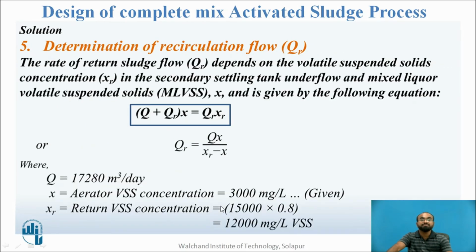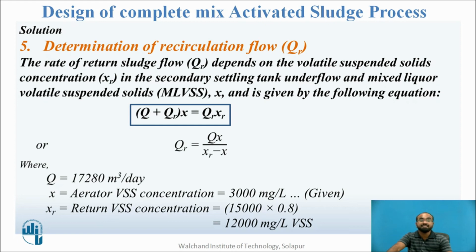Now coming to the fifth step, that is determination of recirculation flow. I can use the formula, that is Q plus QR into X will be QR into XR, which will be written as QR is equal to Q into X divided by XR minus X. I know the value of Q, that is 17280 meter cube per day. What is X here?